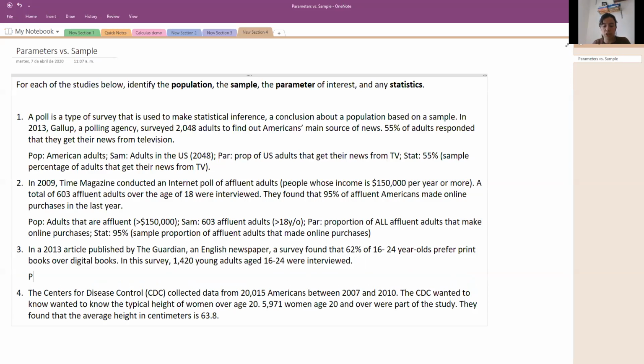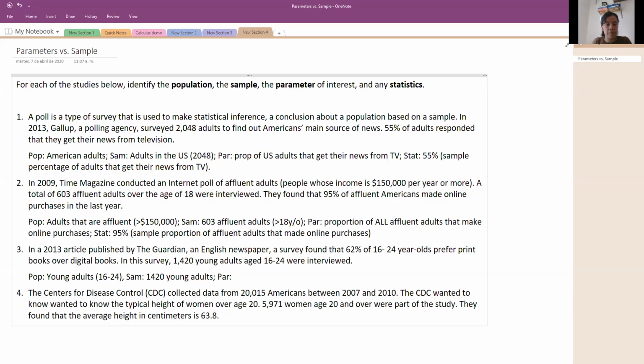So, population: young adults between the ages of 16 and 24. Sample: 1,420 young adults.